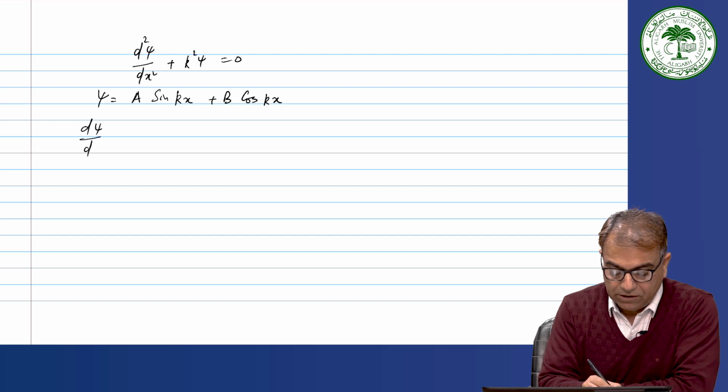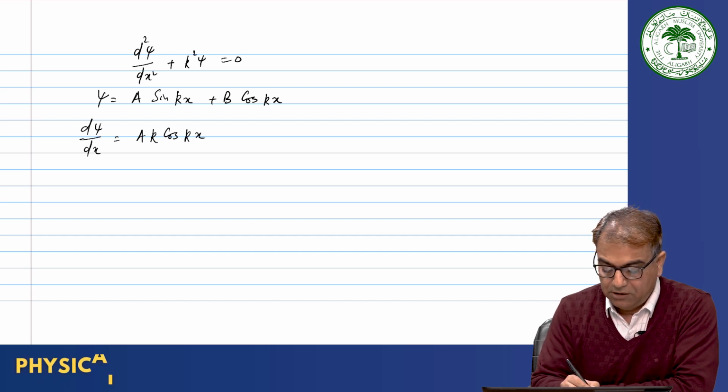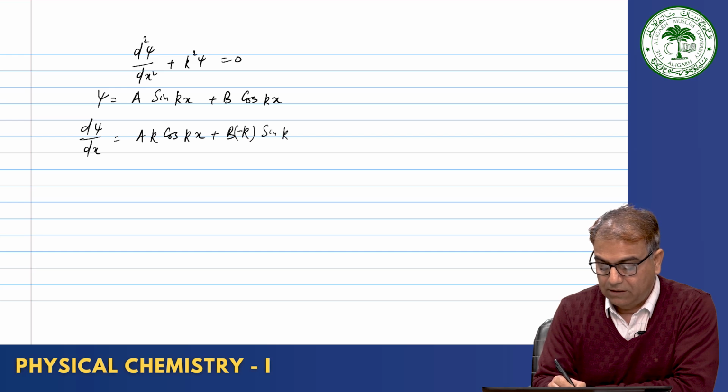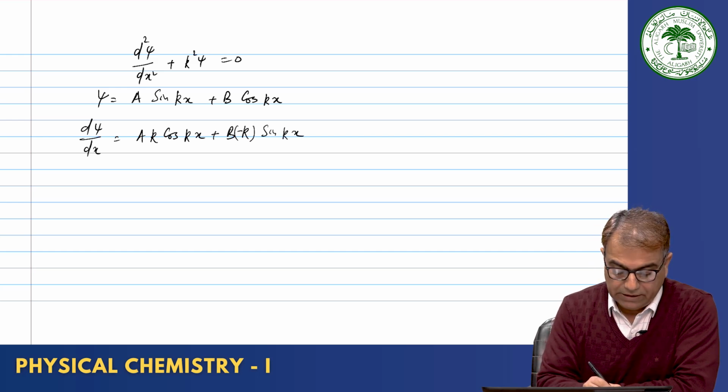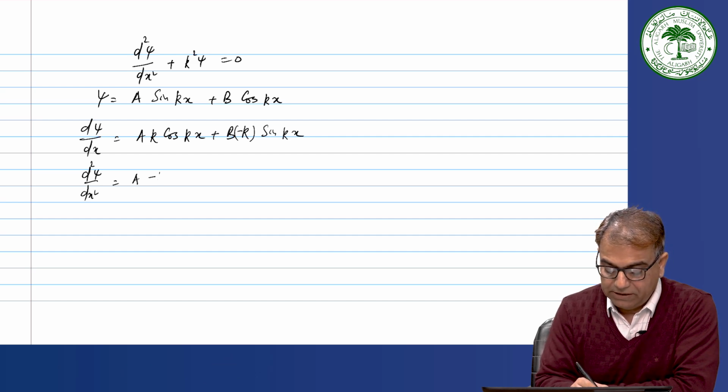So, take the differential of this. What do you get? You get a k cos kx plus b times minus k sin kx. Then take another differentiation, and again we have a times k with a minus sign.